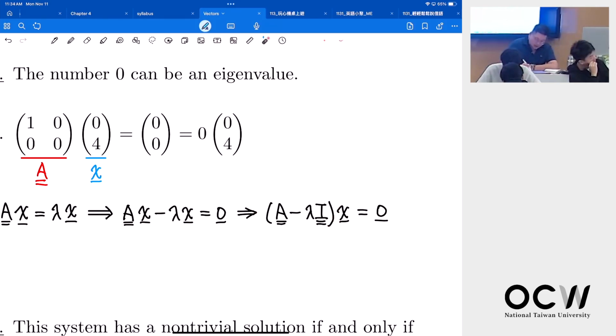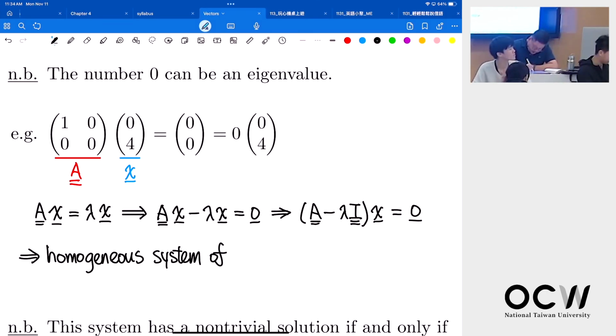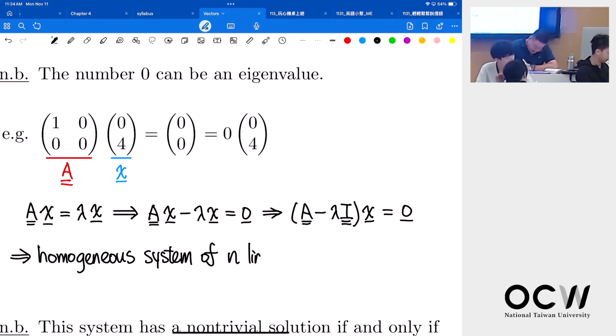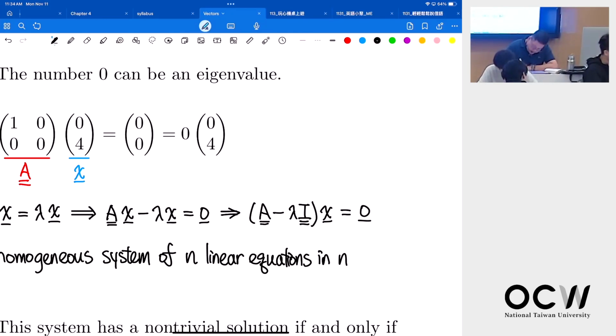And this is the homogeneous system of n linear equations in n unknowns.